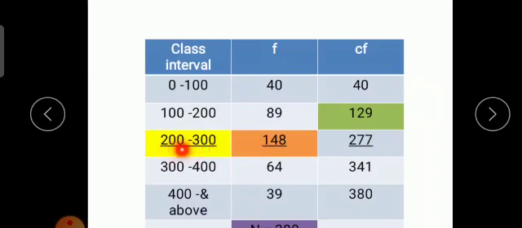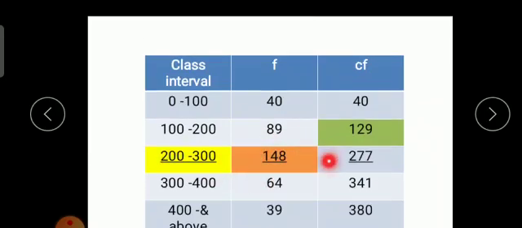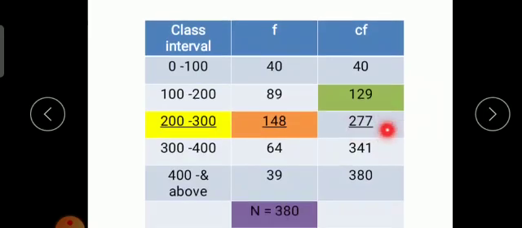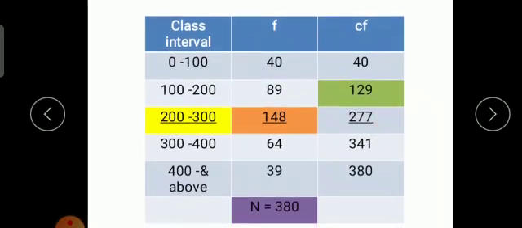Once you find the median class, in that same class the frequency F is determined, and the cumulative frequency preceding the median class, that is 129, the previous one, you are going to take.